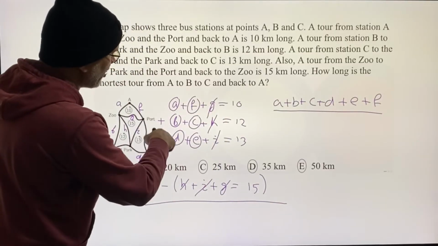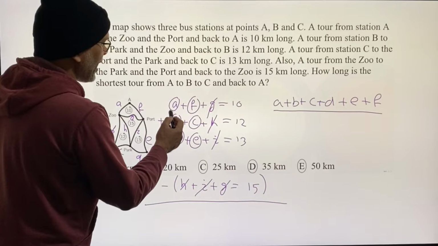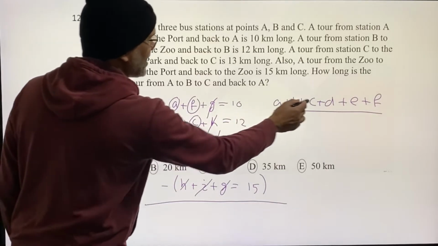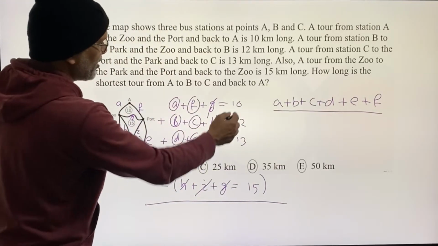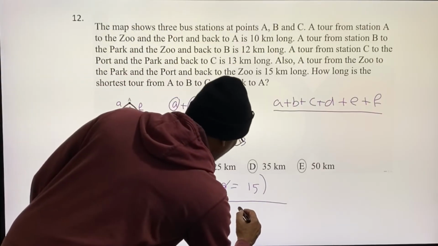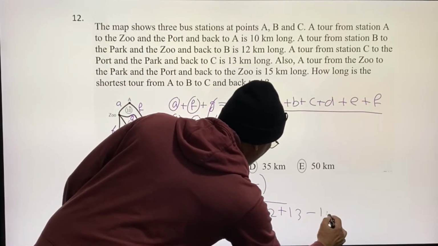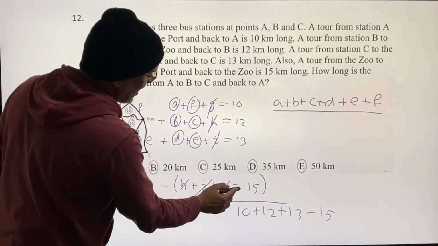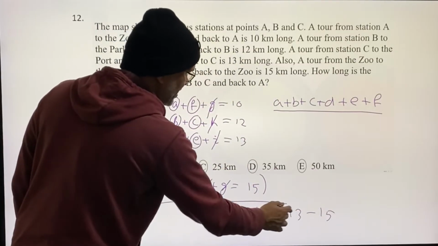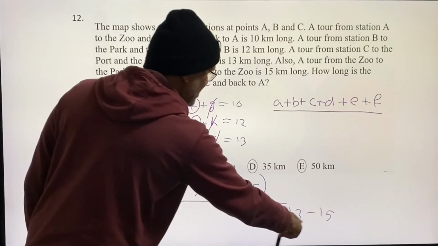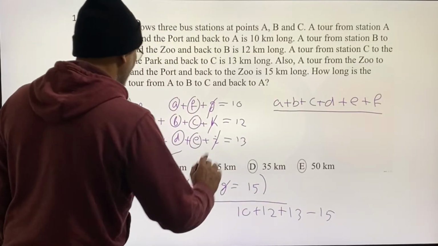The only thing remaining on the left hand side is A, B, C, D, E, F, what we want. On the right hand side, it will be 10 plus 12 plus 13 minus 15. Remember, we are adding these 3 and subtracting this. This is exactly what we did before, and this is basically 20. Same answer.